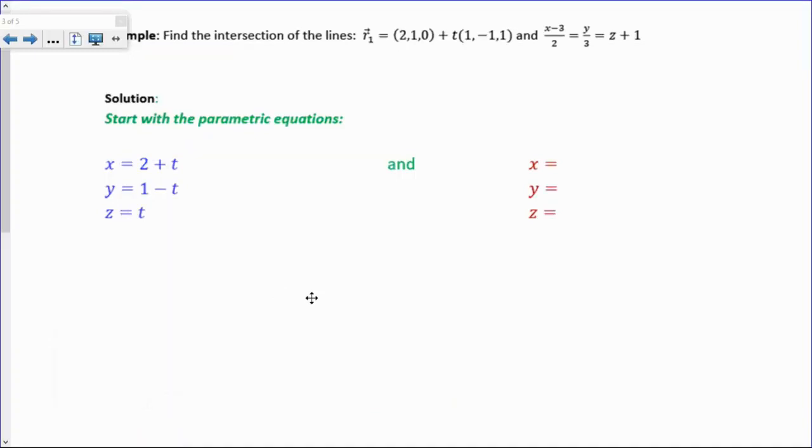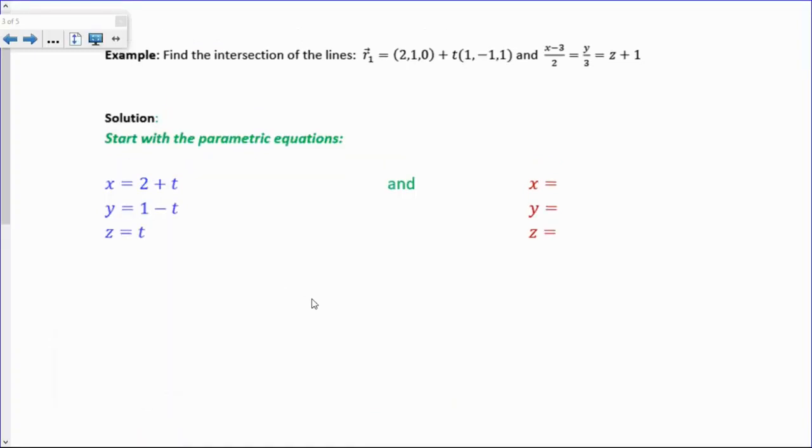So in this example, we still want to work with parametric equations. However, one difference is, notice the second line is in a different form. It's in a symmetric equation. So we need to think about what the parametric equation is just a little bit more.